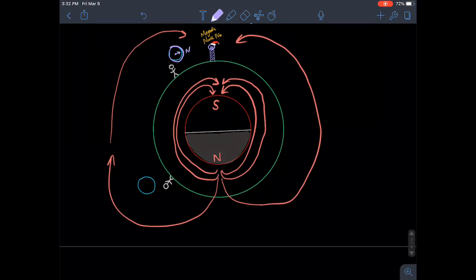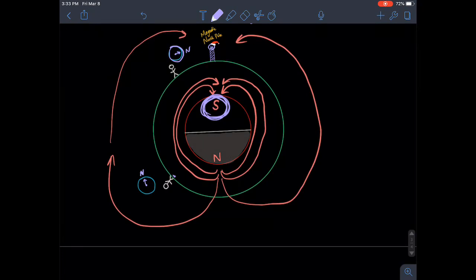But you can see that the magnetic force lines are pointed towards the magnetic North Pole, but in the magnet, it's actually the South Pole of the magnet. So again, if this person's down here in the southern hemisphere, their compass is going to point towards the north, it's going to point up in this direction because it's going to align with the magnetic field, and it's going to be attracted in this direction. So it's going to point that north is up.